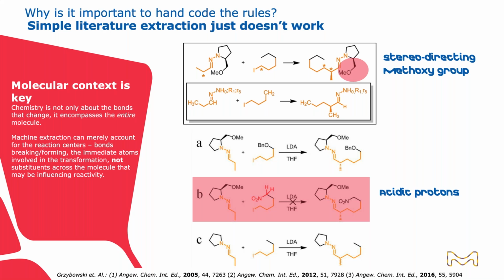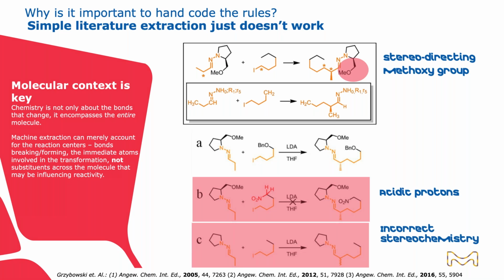So in those basic reaction conditions, you would not get the predicted product. And then in the example of C here, where now actually there is no stereo-directing group, but because the stereochemistry was extracted into the rule, it still would predict a single stereochemical product, even though in reality you would get a racemic mixture.